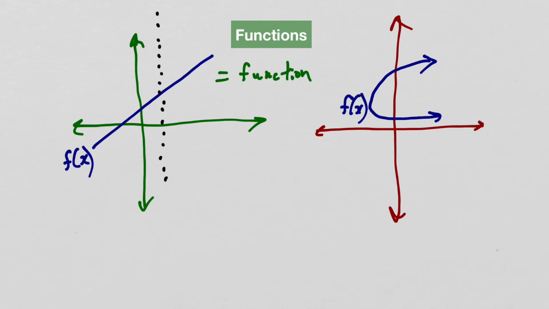It's called the parabola, but you don't need to know that right now. In this case, if I do the vertical line test anywhere along the function, you will notice that I cross the function at this location right here and at this location right here. Because the vertical line crossed the function more than once, this is not a function. Okay? So those are three ways to define a function.